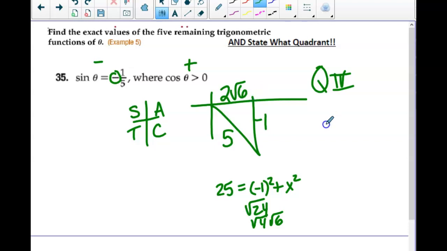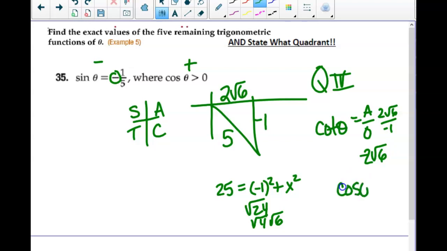What function do you want to find? Not tangent. We could do cotangent, which is adjacent over opposite, which would be 2 square roots of 6 over negative 1. We could do just plain old cosine, 2 square roots of 6 over, adjacent over hypotenuse.